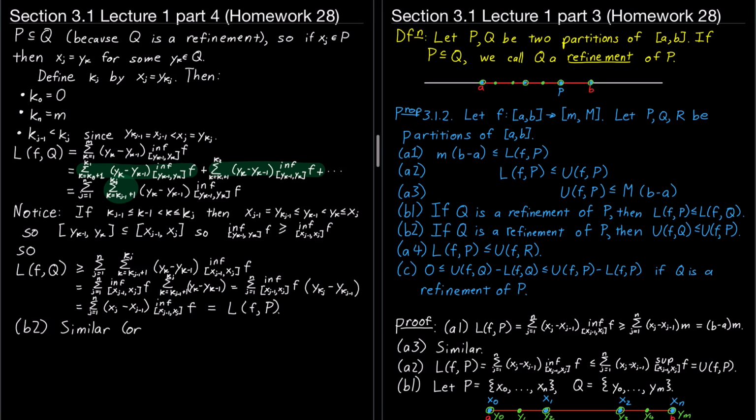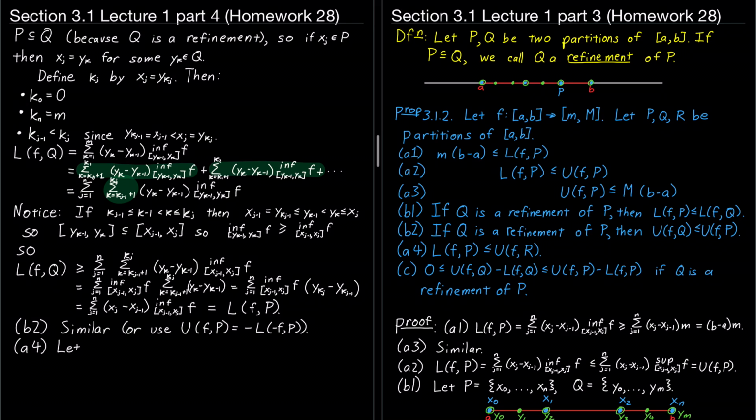Or you can use the fact that the upper sum of f over a partition is the negative of the lower sum of negative f over that same partition. And then finally, I don't want to go into too much detail on that because I want to spend a minute on A4, and this video is already very long.